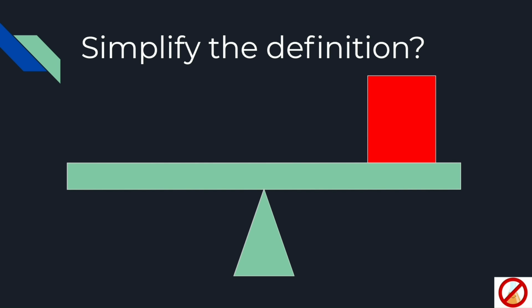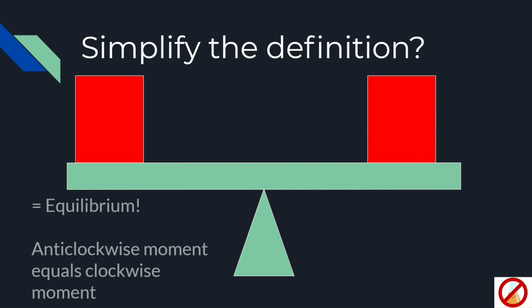Well, how about we put another identical mass on the other end of the seesaw. Now the seesaw is balanced because we know it is in equilibrium. The anti-clockwise moment now balances out the clockwise moment, so we can confidently call this system in equilibrium.